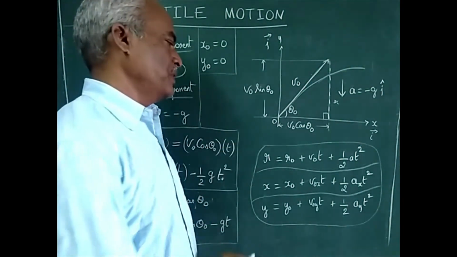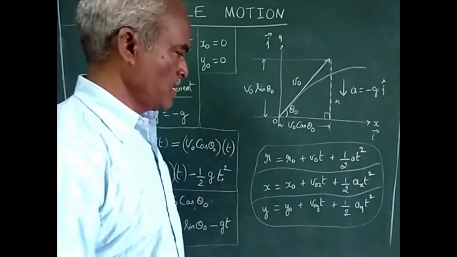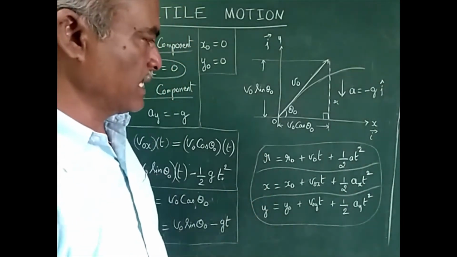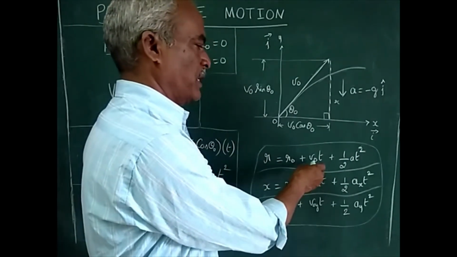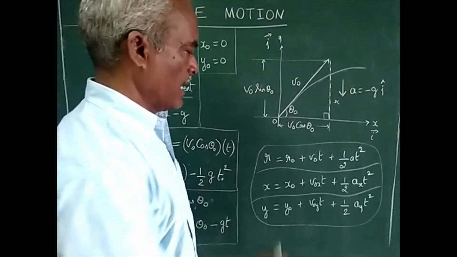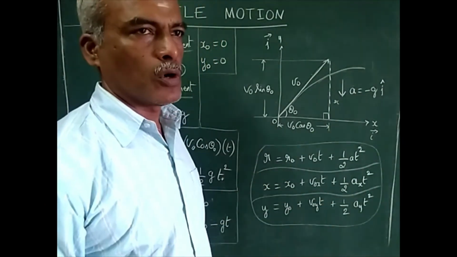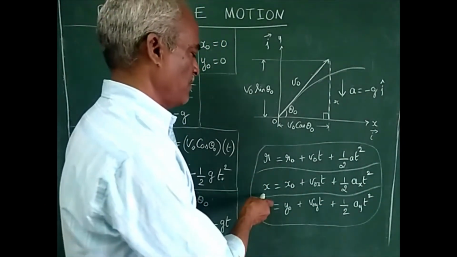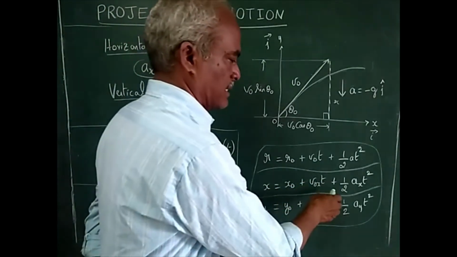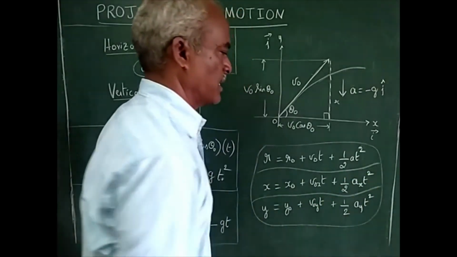In the last video we saw the displacement vector r as r0 plus v0 t plus half a t square. And this has been split into two components, x and y components, and we have x is equal to x0 plus v0x t plus half ax t square.